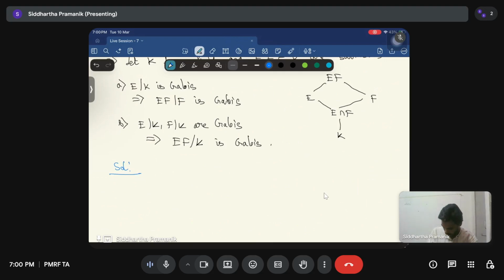So both the things are actually easy, or rather straightforward. Okay, the second one has also one more part, maybe I should mention. This is Galois, and the intersection over K is also Galois. So this is a non-trivial part.